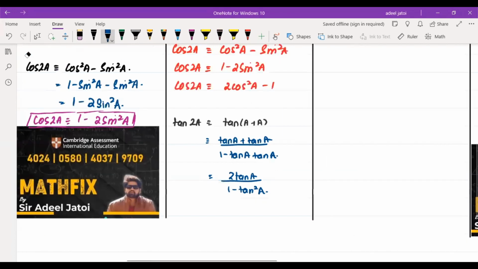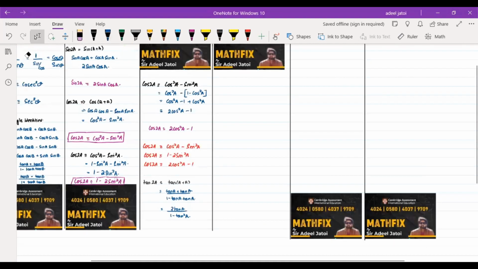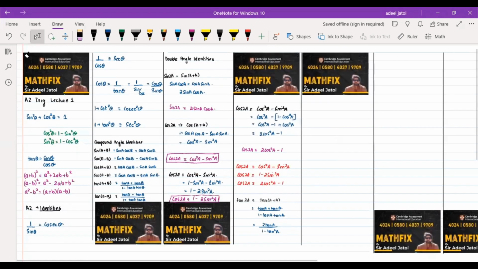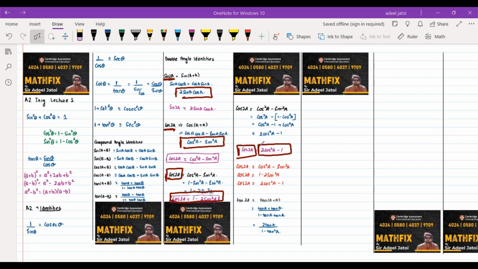So that means the double angle identities that we normally know are basically linked with compound angle identities, but eventually you should know that sine 2A can be written as 2 sine A cos A. Cos 2A can be written as cos square A minus sine square A. Cos 2A can also be written as 1 minus 2 sine square A. Cos 2A can be written as 2 cos square A minus 1, which I wrote here as three identities.